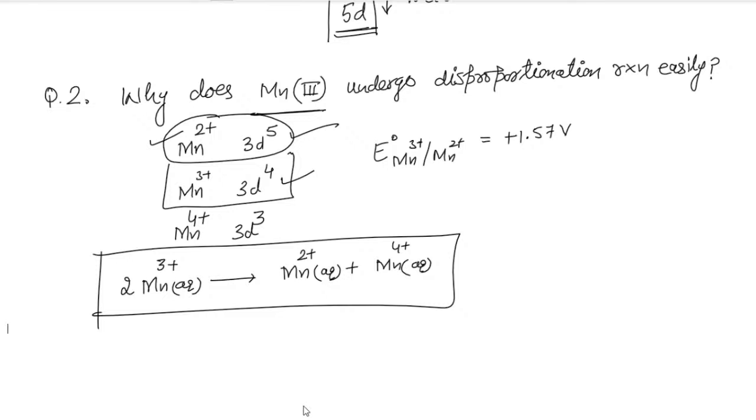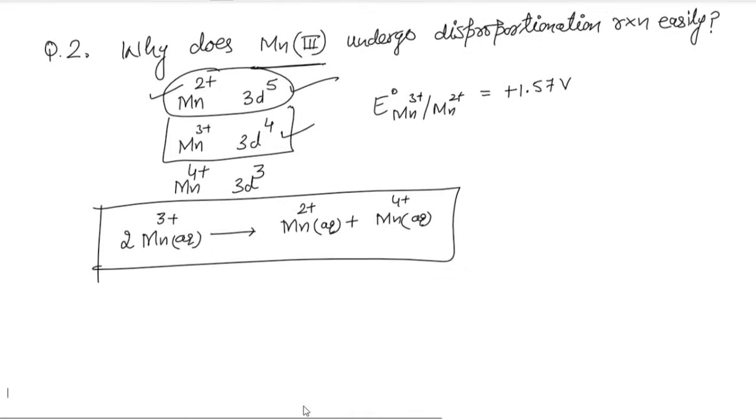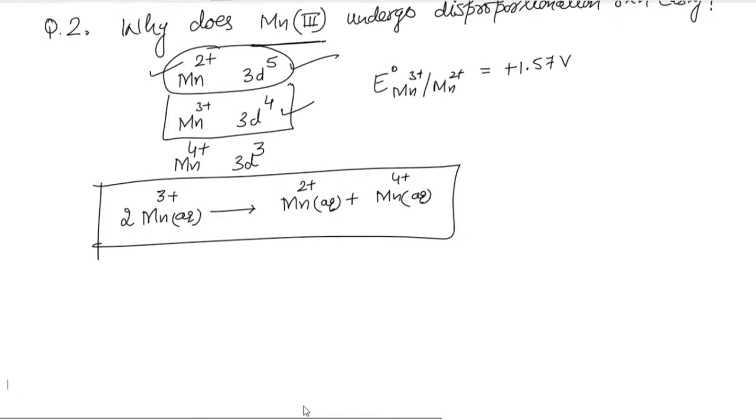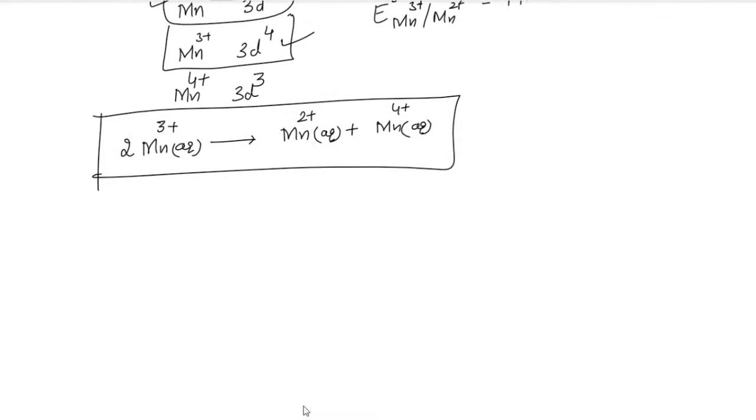So this is question number 2. Now question number 3. How would you account for the following?